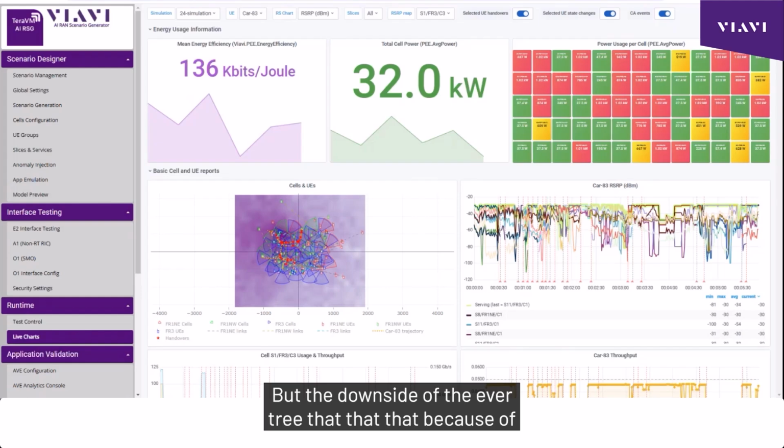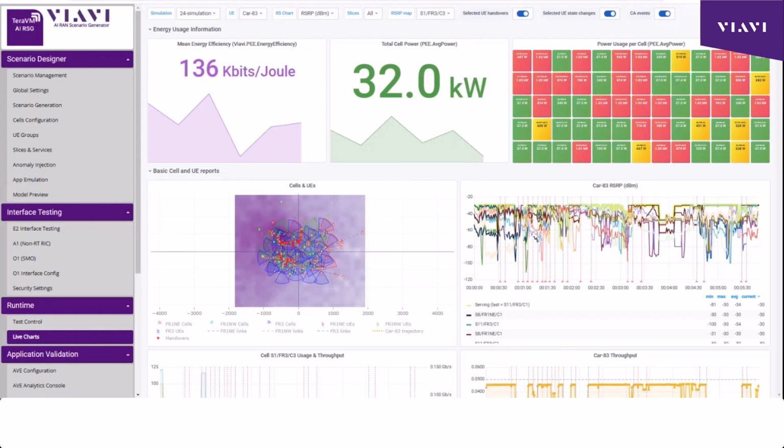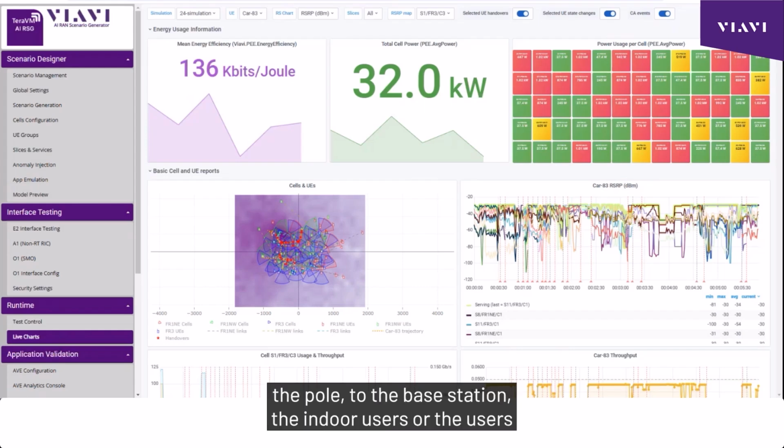But the downside of FR3 is that because of the high central frequency, the propagation is only good for the UEs that are really close to the pole, to the base station. The indoor users or the users that are far from the cell will not be able to use FR3.